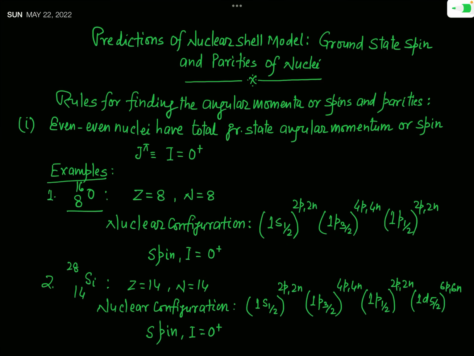After a detailed discussion of the nuclear shell model, particularly the independent particle model of a nucleus, now we are going to discuss the predictions of the nuclear shell model. You will see in a successive series of lectures the different predictions of this nuclear shell model.